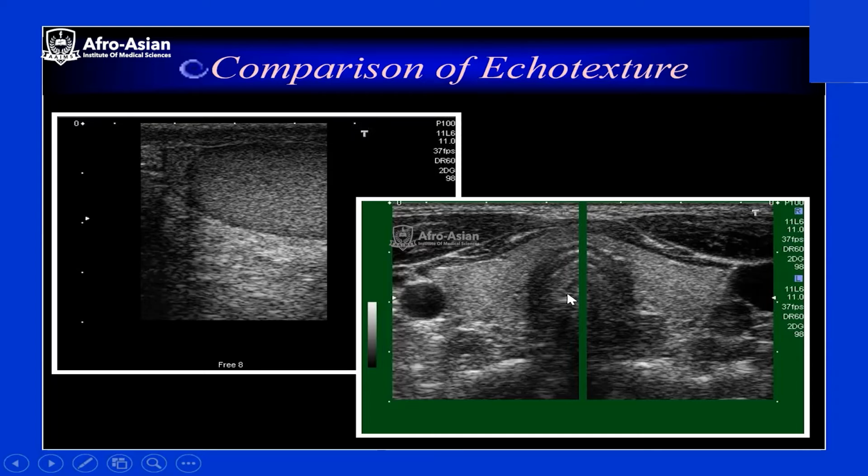This is the right lobe, left lobe of thyroid with the isthmus and trachea here. These are the carotid vessels. Then here are the muscles of neck. And when we compare the echogenicity or echotexture of thyroid with testicles, testicles will be relatively hypoechoic.